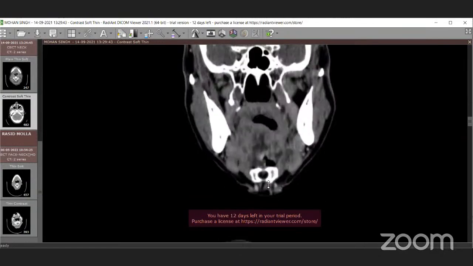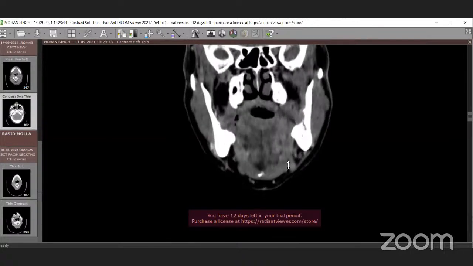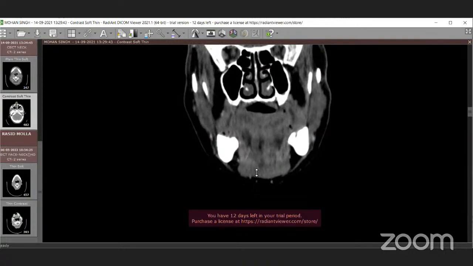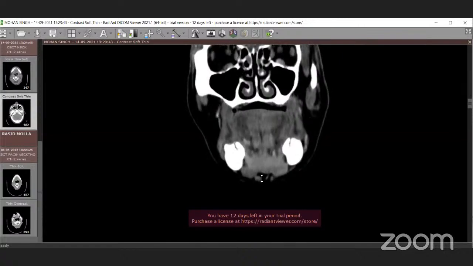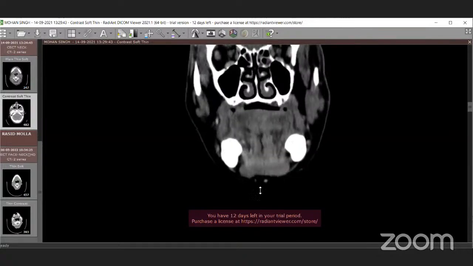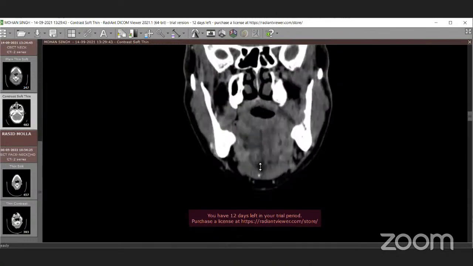This is the mylohyoid, and these are the anterior bellies of the digastric muscle. Any nodes between the mylohyoid and the anterior belly of the digastric on either side are level 1A lymph nodes. Continuation to this is a level 1B lymph node.